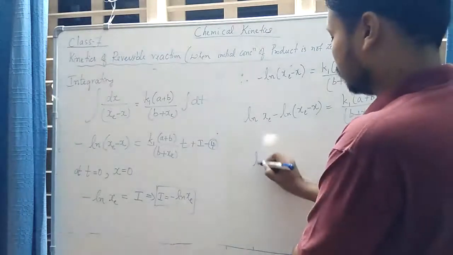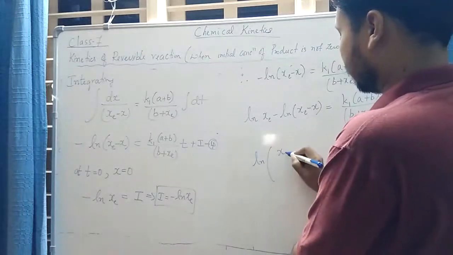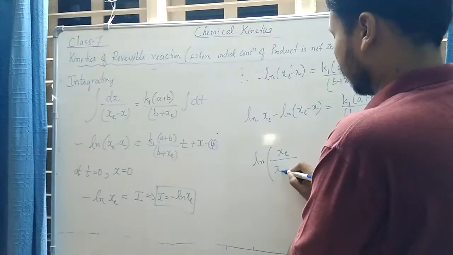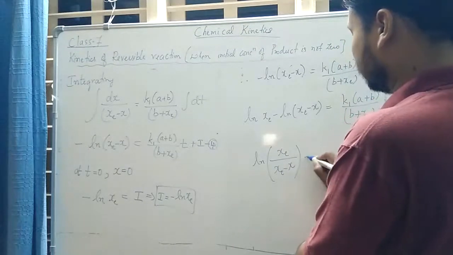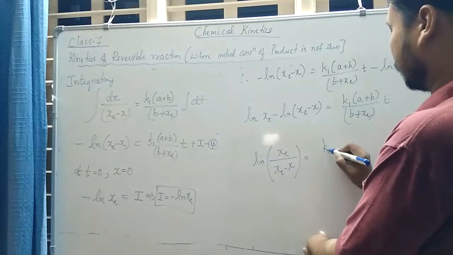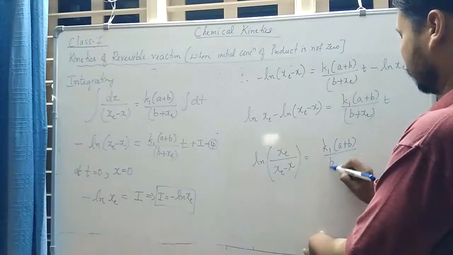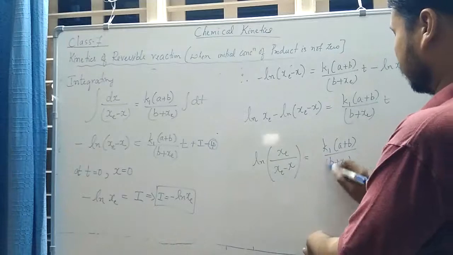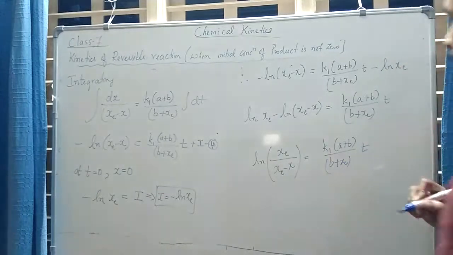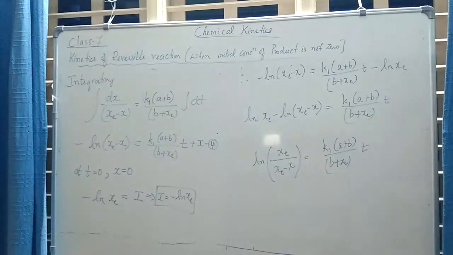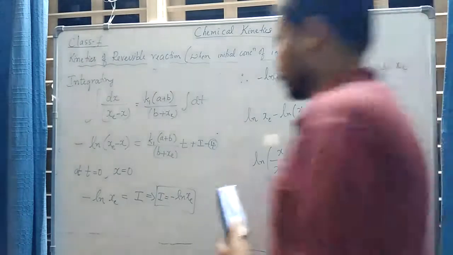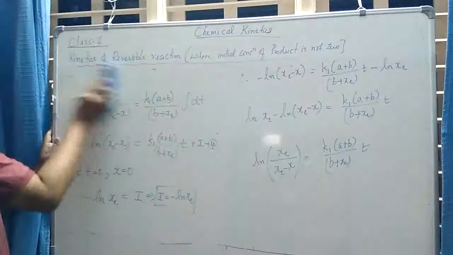So ln of xe divided by xe minus x is equal to k1 into a plus b divided by b plus xe into t. So now let us write the expression for rate constant k1 by rearranging this equation.